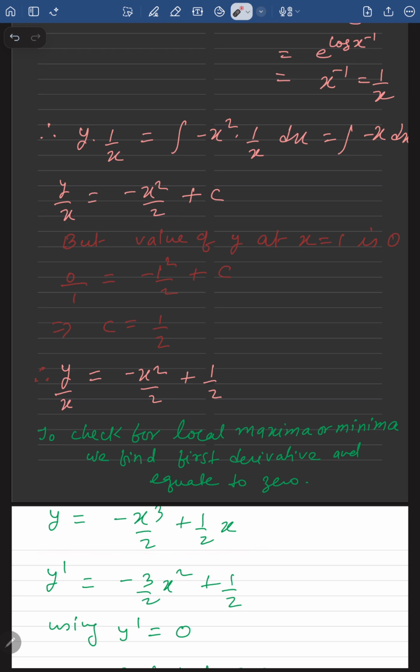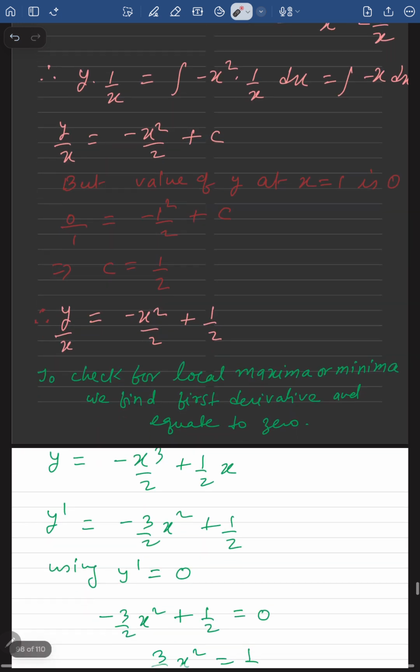Now we will deal with each of the given options. The first two options are about local maxima or minima, and we know the general concept: we have to find the first derivative and equate it to 0, and then check the second derivative.